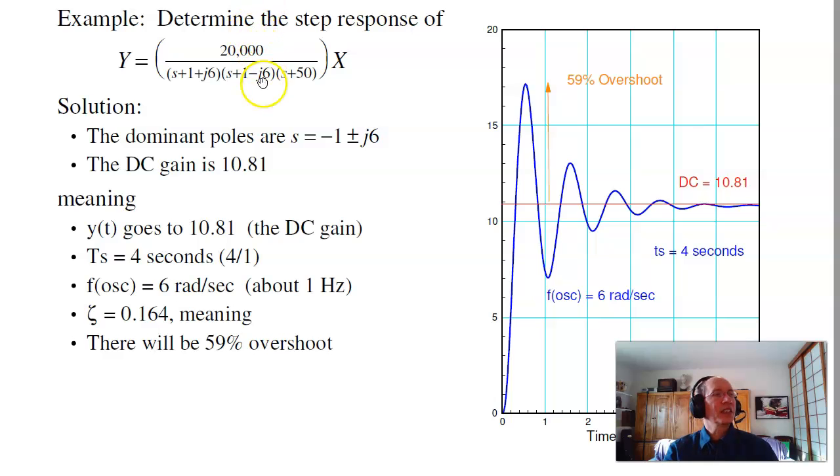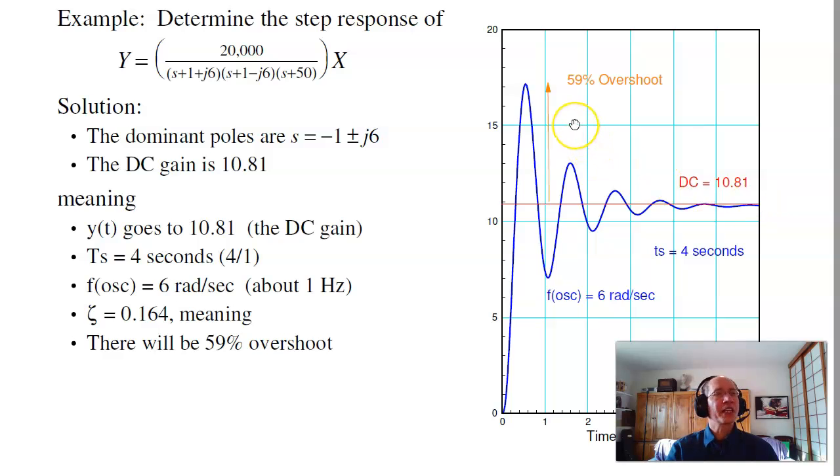Again, the dominant pole is at -1 plus J6, so the settling time is 4 over the real part, 4 seconds. The frequency of oscillation is the complex part, 6 radians per second, about 1 hertz. And the DC gain is 10.81, so I'm going to go from 0 to 10.81. To get there, I'll oscillate at 6 radians per second, and I'll decay in about 4 seconds.